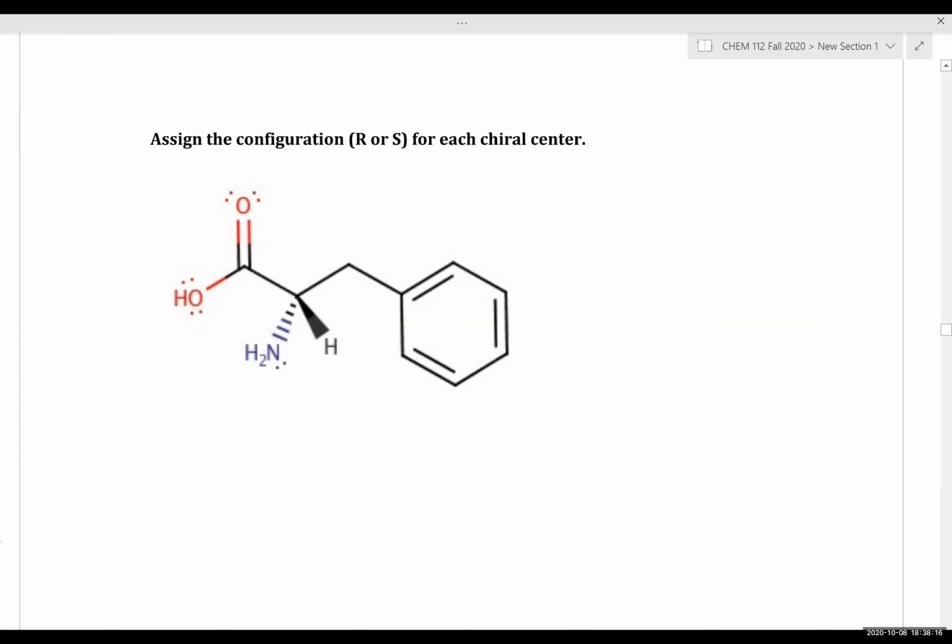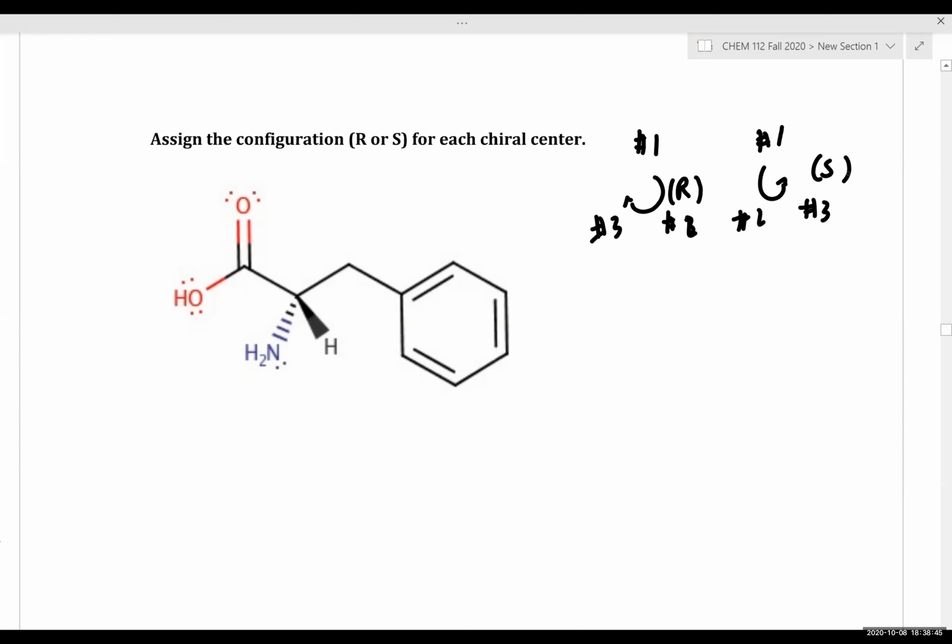Then, once we have our groups ordered, we place the lowest priority group in the back, and we determine whether, counting from the highest to lowest priority, so priority 1 to priority 3, we're dealing with a clockwise rotation, then it's R. If we're dealing with a counterclockwise rotation, then the configuration will be S.